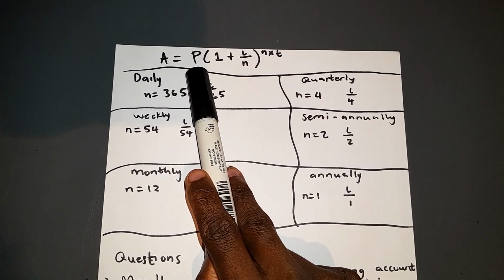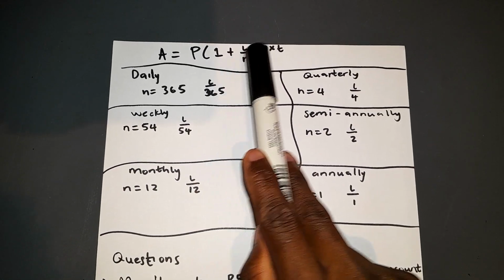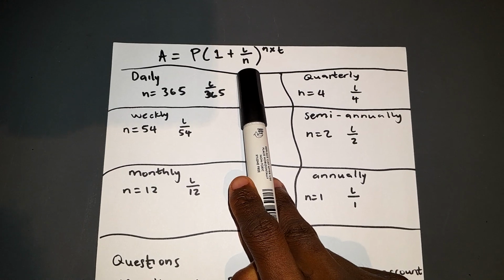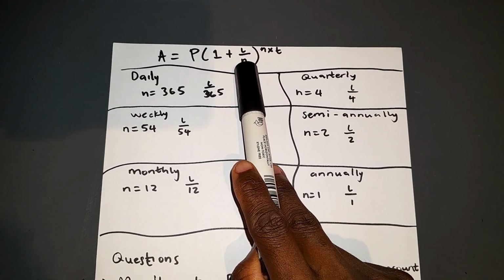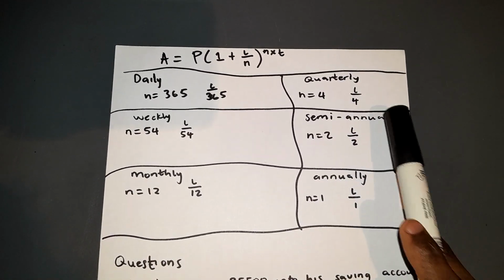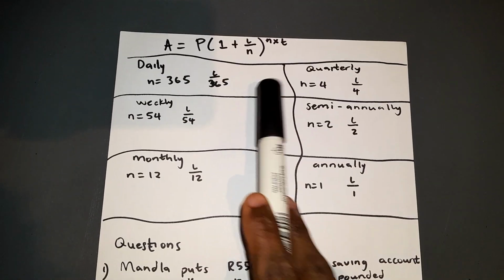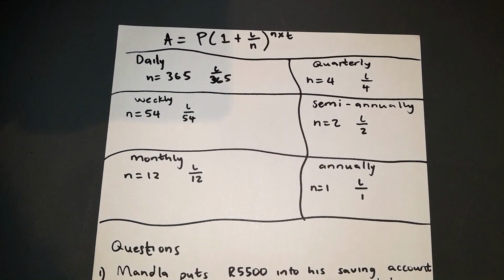This one is the invested amount, which is the principal amount. This is 1 plus the interest over the number of periods, whether you're doing it daily, weekly, monthly, quarterly, semi-annually, or annually. And this is the time period again, and the number of years.